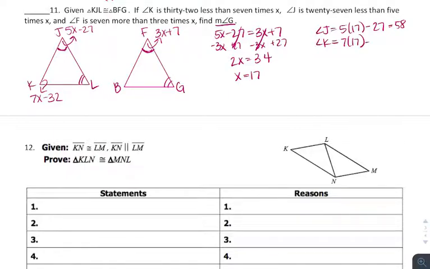And then we're going to subtract 32, which is 87. And then our last thing, angle G is going to be 180 minus 58 minus 87, which comes out to be 35. So angle G equals 35.